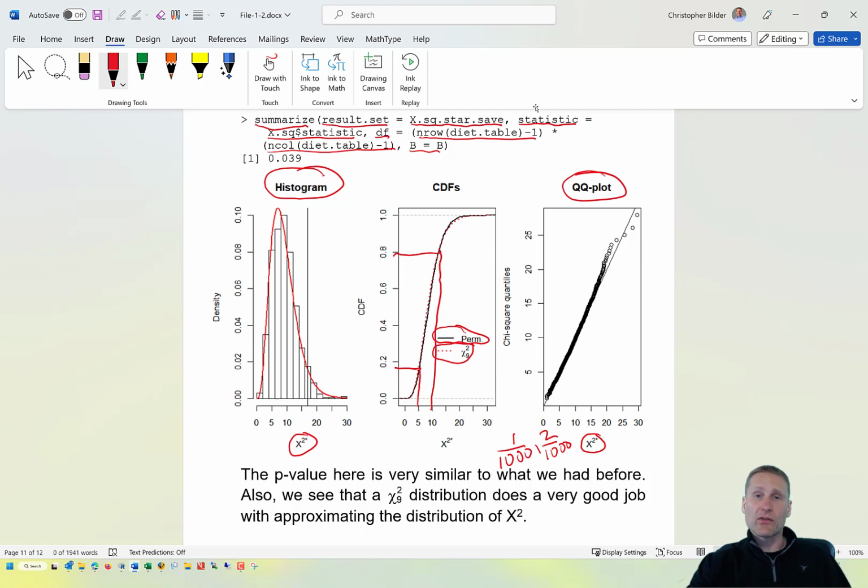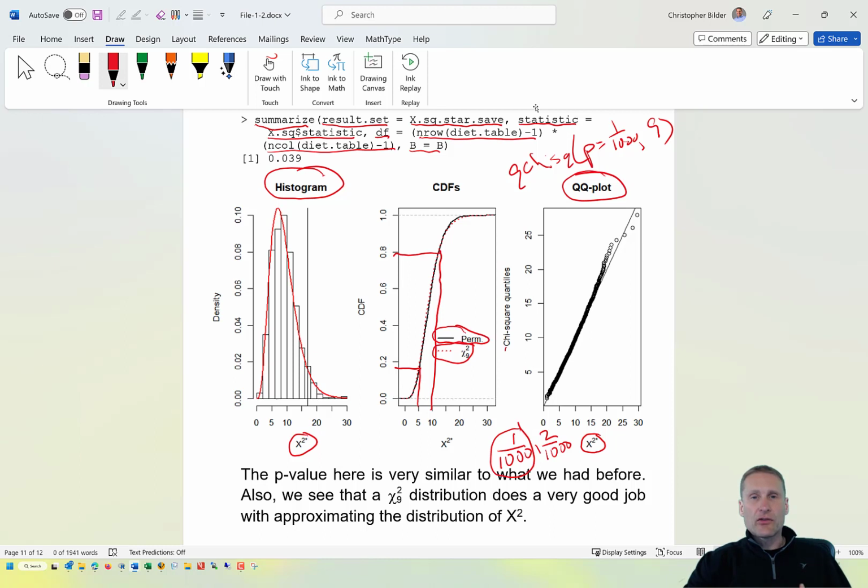Now let's plot those values against the corresponding quantile from a chi-square 9 distribution, meaning use the qchisq function. The first time, I would use 1 over 1,000 with the degrees of freedom of 9. The second time, I would put 2 over 1,000 with the degrees of freedom of 9. So it's finding the corresponding quantiles for this chi-square 9.